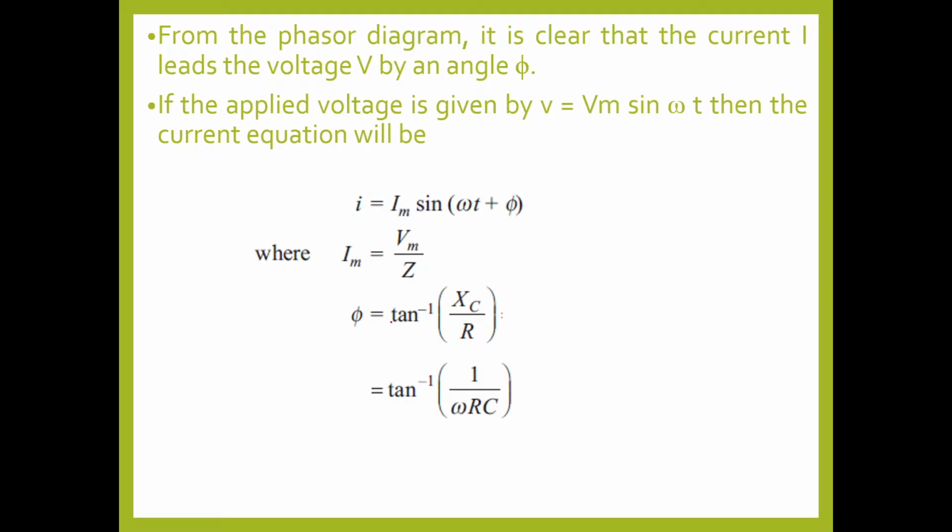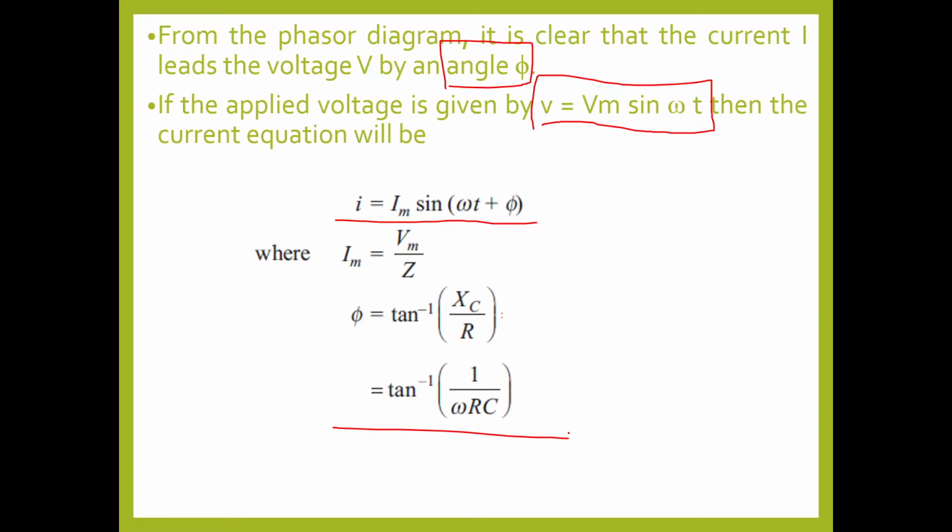Now what is our voltage equation? V equals Vm sin omega t. Here current is leading voltage by some angle phi, so you can write the current equation I equals Im sin(omega t plus phi), where Im is nothing but Vm by Z. And phi is tan inverse of XC by R, or phi equals tan inverse of 1 by omega RC.